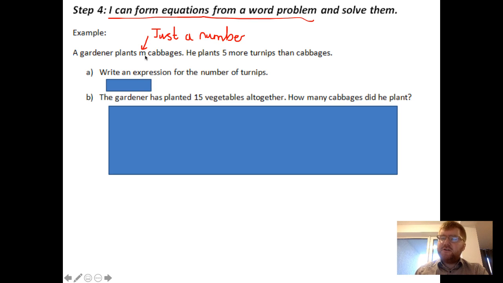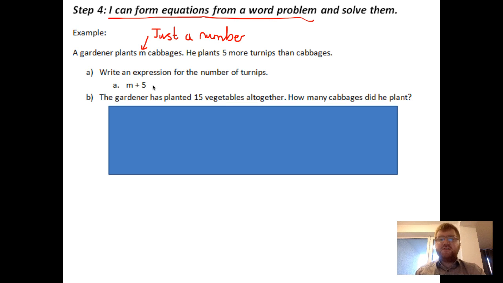Say M is 7, then he would have 12 turnips. If M was 9, then he'd have 14 turnips. If M was 2, he'd have 7 turnips. So the number of turnips he has is whatever M is, and we add 5, which is our answer.